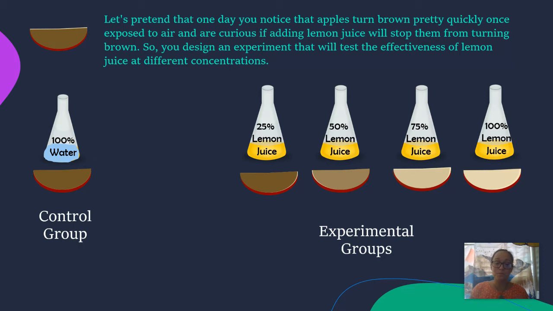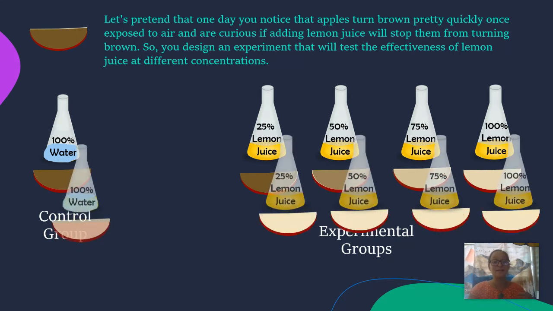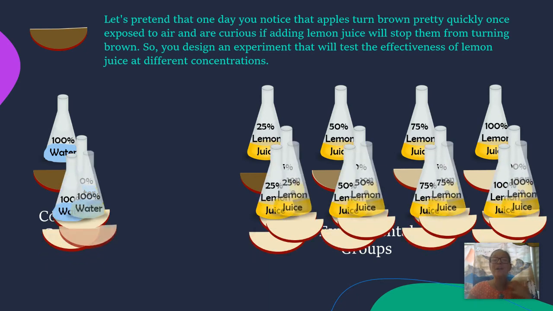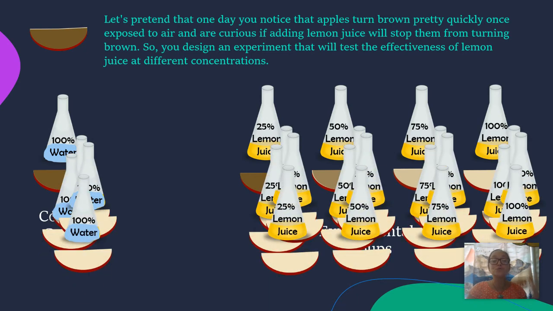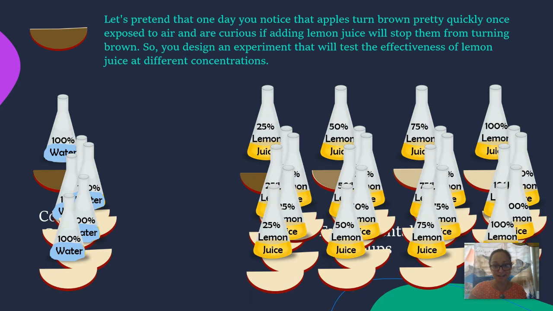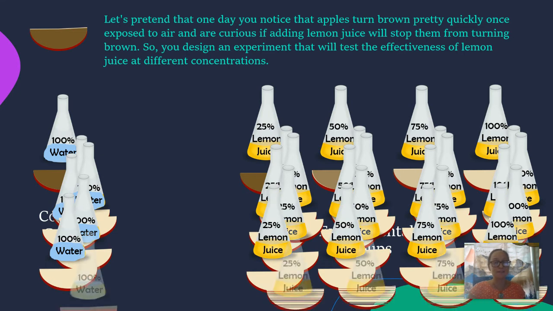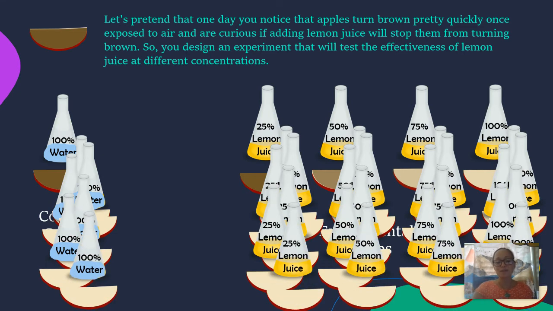But it's also important when doing experiments that you repeat your experiments over and over. You have multiple trials to confirm your data and to confirm your results. That's something that students often forget. It's important to repeat your experiment and have repeatability and multiple trials to draw your conclusions.